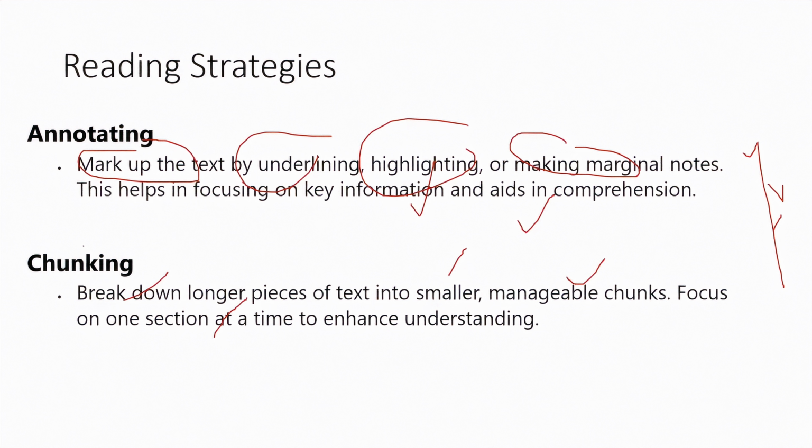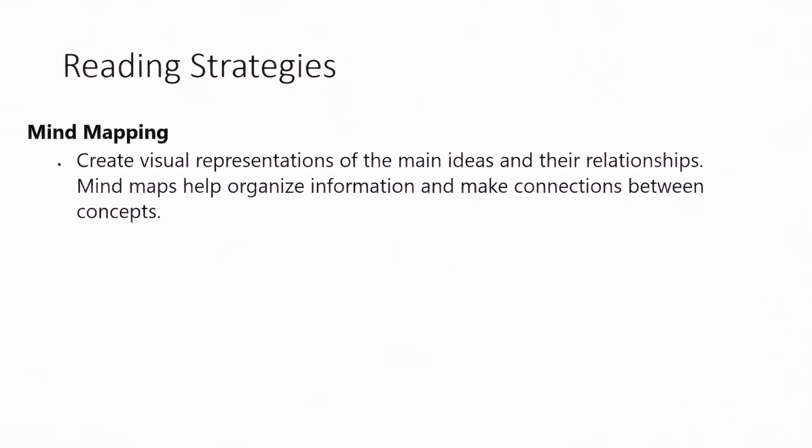You start with the introduction, read the first line of each paragraph, read some particular paragraphs, and go to the end. You read the conclusion. So you take different chunks and try to understand the meaning of the text. This is called chunking.